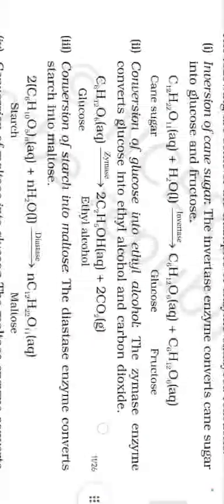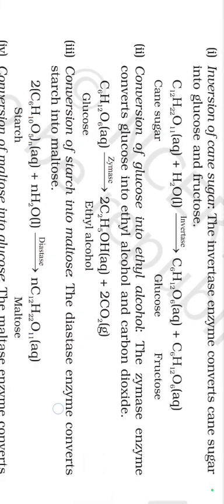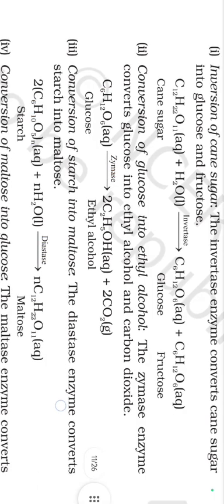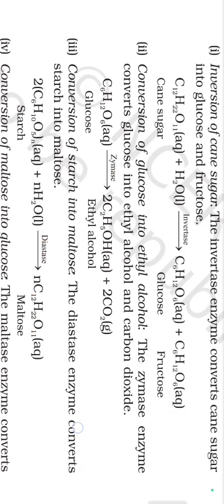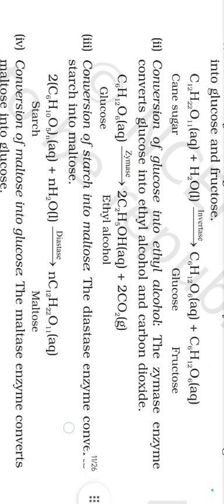First, inversion of cane sugar. The invertase enzyme converts cane sugar into glucose and fructose. C12H22O11(aq) cane sugar + H2O(l) in presence of invertase gives C6H12O6(aq) glucose + C6H12O6(aq) fructose.